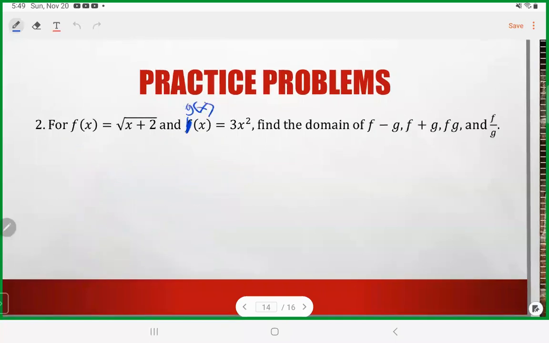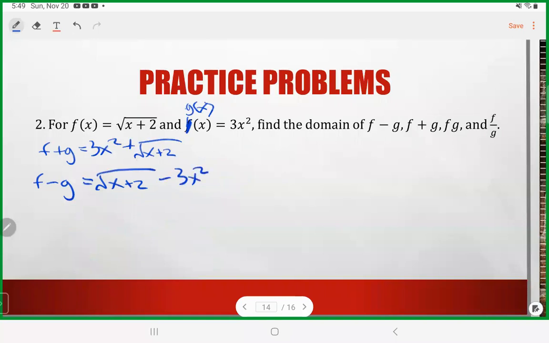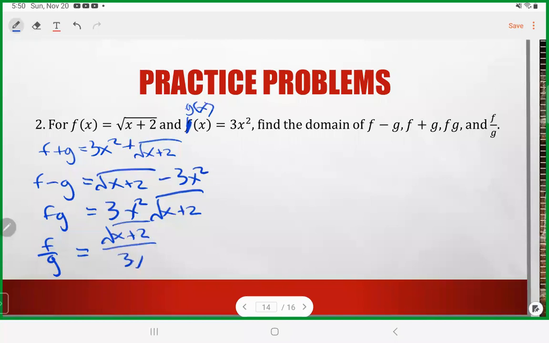So let me just copy these down real quick. All right, I copied down the answers for these. Now you just got to find the domains of them.